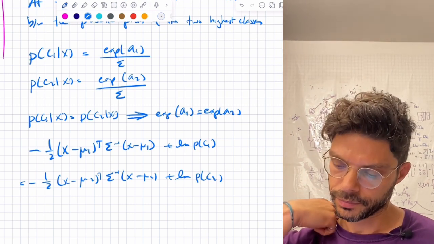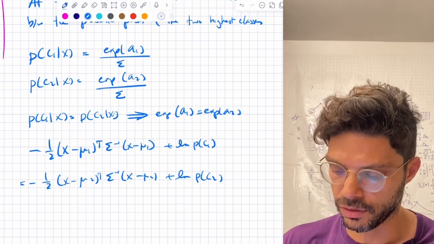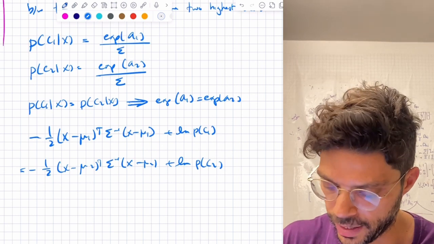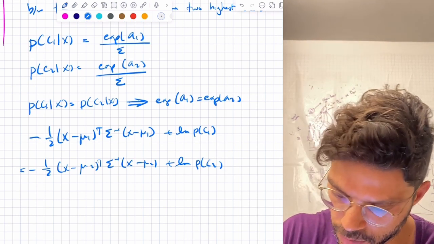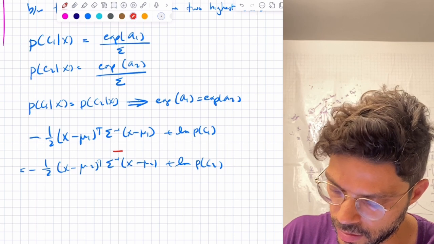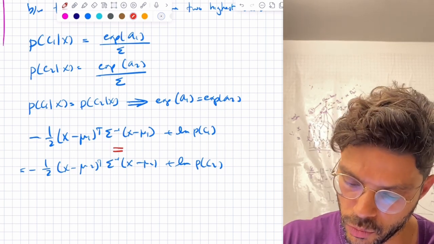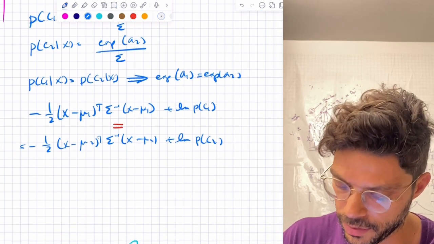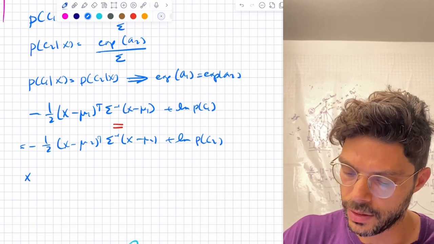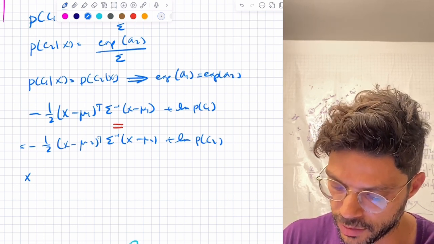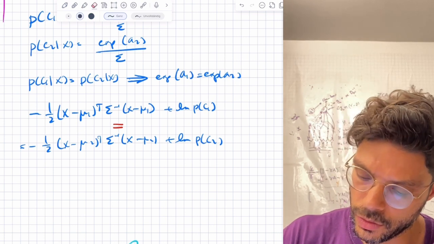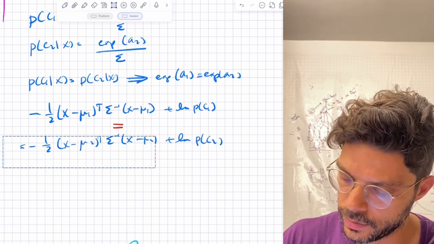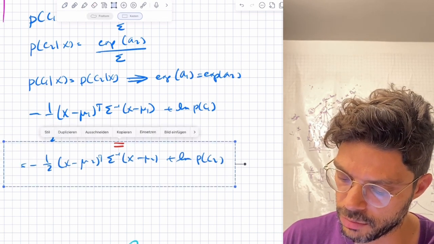We're going to set these equal to each other, and if you do the math, you will find that the X squared terms cancel out. It's exactly the same computation as before.